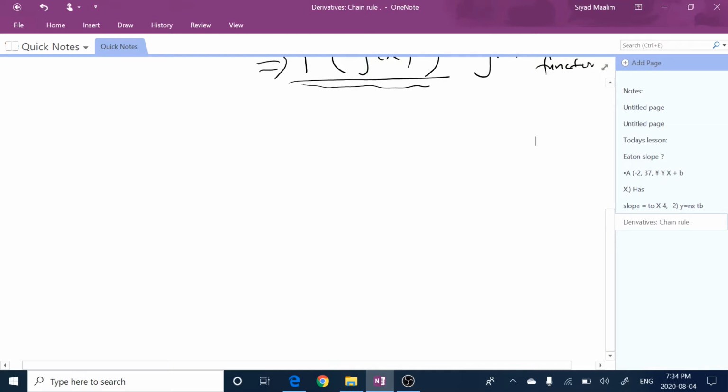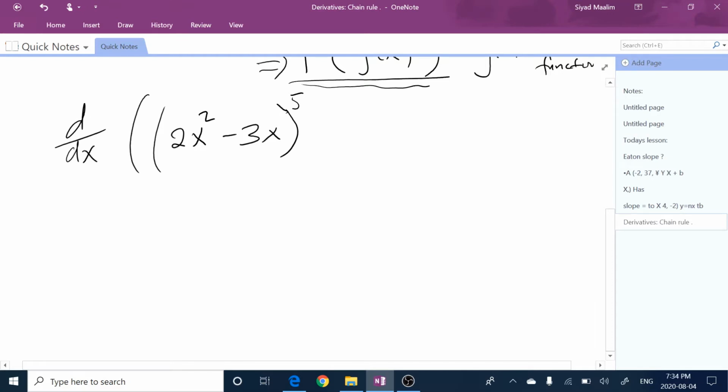Say we have the function 2x squared minus 3x, all to the power of 5, and we want to find the derivative of this, d/dx.